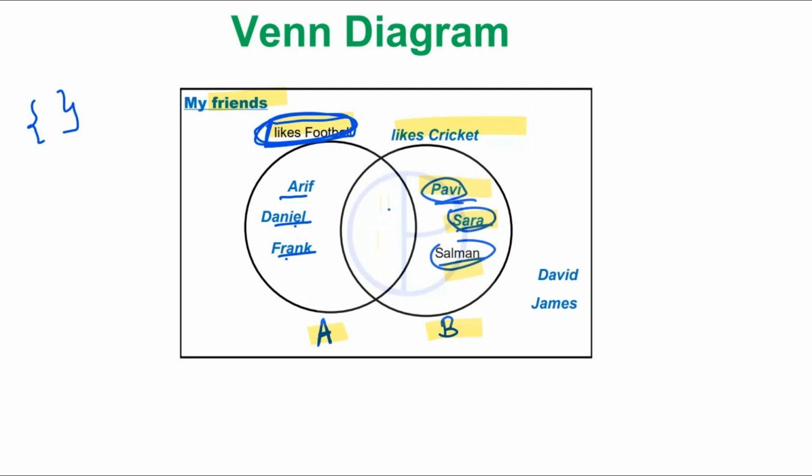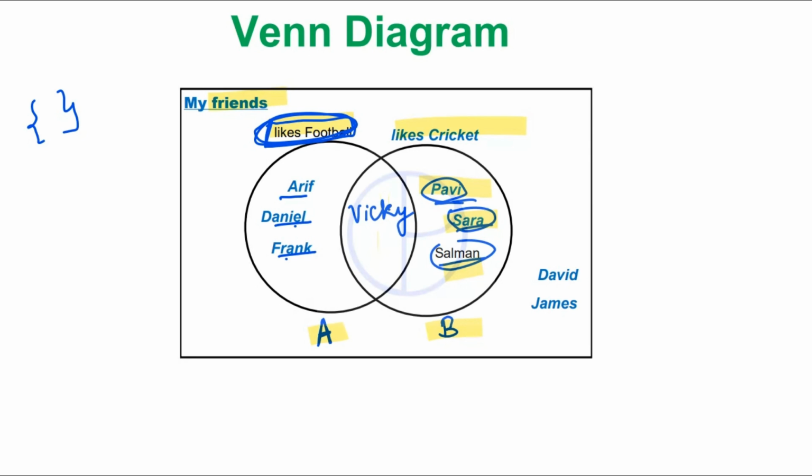What would that tell us? Well, there are no names in common. So my friends either like football or cricket, and nobody likes both. But if I put in, say, Vicky, well, there is one person in my friends list who likes both. So you see how a Venn diagram is a nice graphical way to see the relationships between collections, or what we call sets.